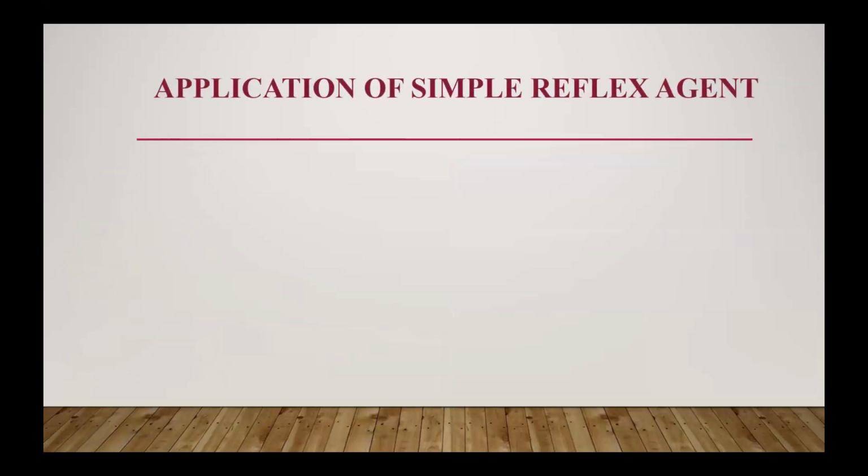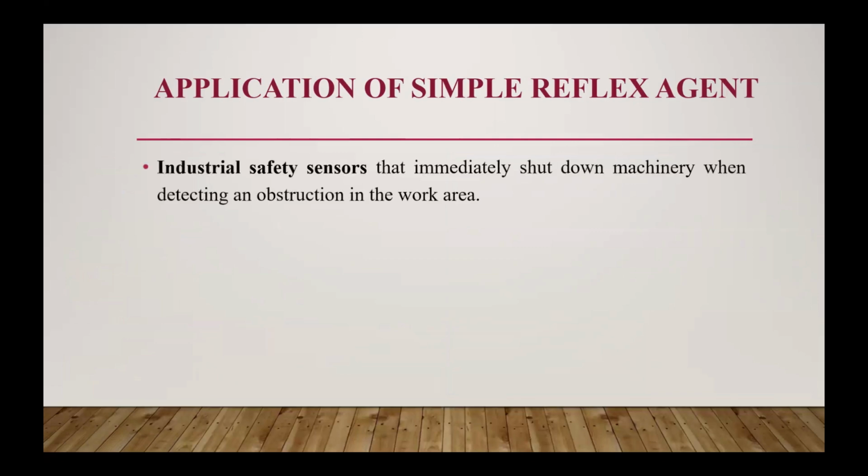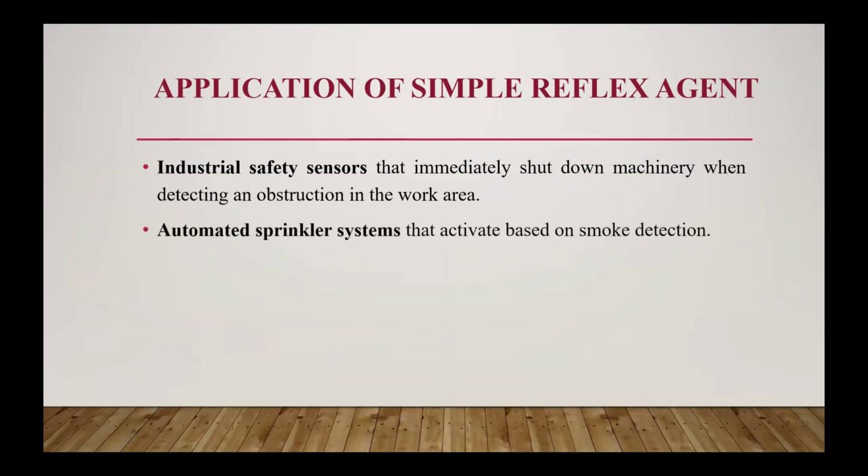So what are the applications where we can use the simple reflex agent? The first one is the industrial safety sensor that immediately shuts down machinery when detecting any obstruction in the work area. The second application is the automated sprinkler system that activates based on smoke detection.